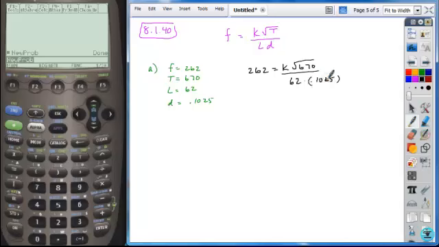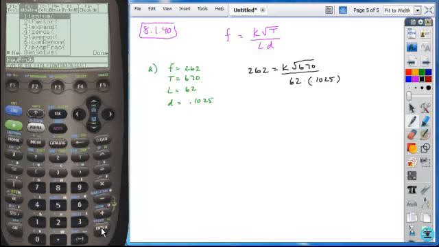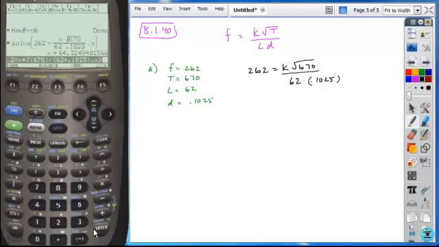If I plug this into my calculator, on the F2 algebra tab, solve, 262 is equal to, call it X, times the square root of 670, divided by the whole product, 62 times 0.1025. I want to solve for X, so comma X, close it off, and that gives me my value for K. My constant of variation is approximately 64.32.